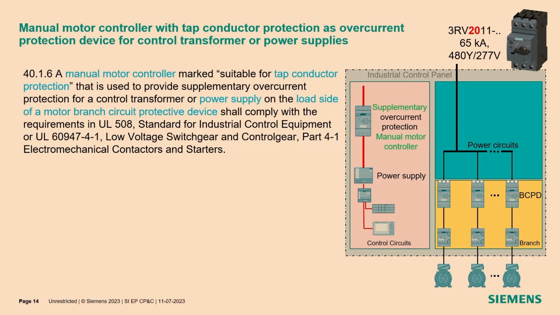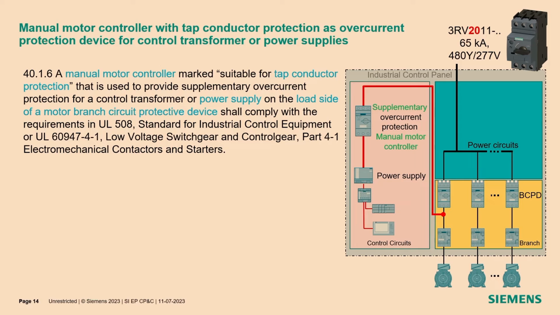And now I can tell you what is new, because you see here in the text, it's original text of the new standard, that a manual motor controller, if it's marked suitable for tap conductor protection, and these are in all our 3RV20, then we can use them as supplementary overcurrent protection, if the power is picked up from the load side of a motor branch circuit protection.